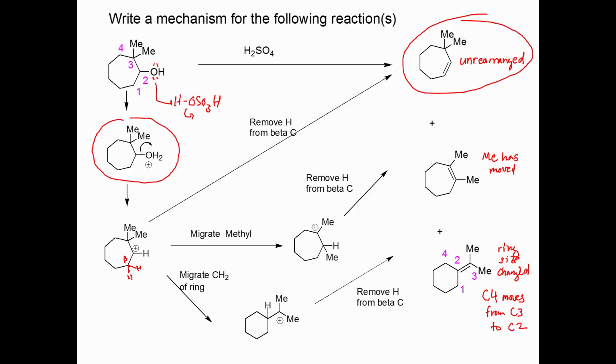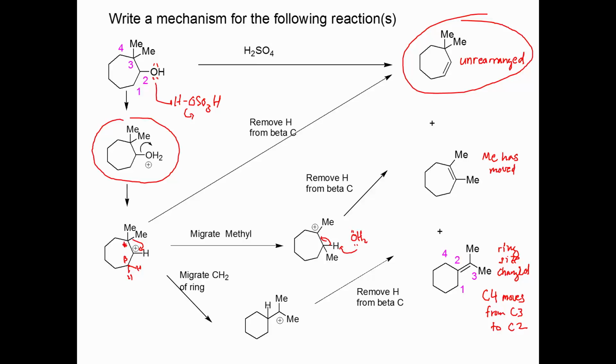So here, our methyl is moving off of this carbon, which I'll asterisk here, and it's moving to the carbon adjacent to it. Okay, and then we just remove the hydrogen. I'll just have water come in as a base, and that'll afford the methyl migrated product.